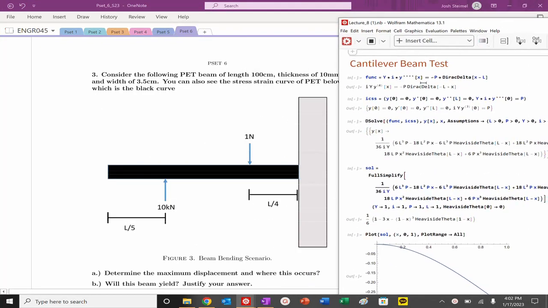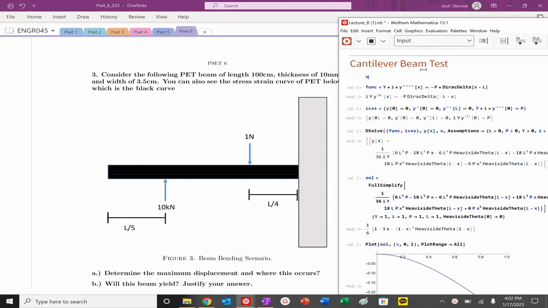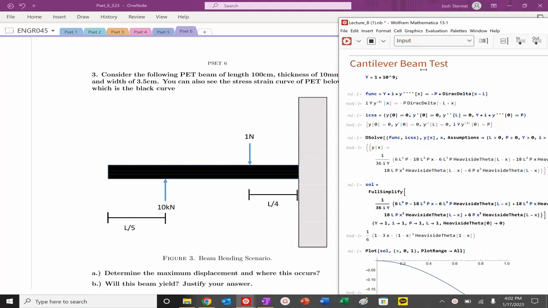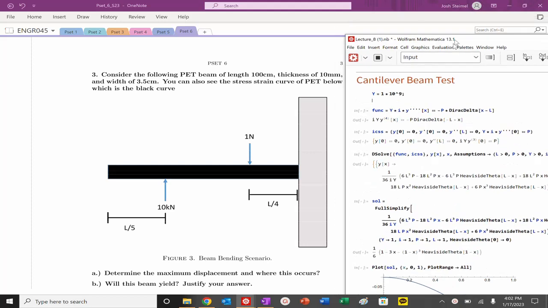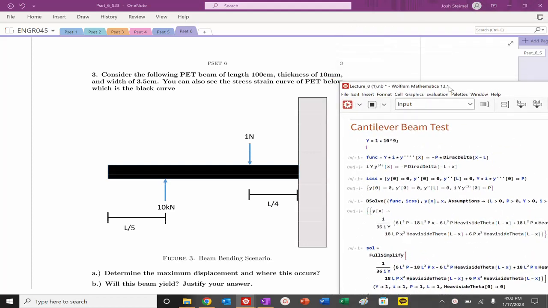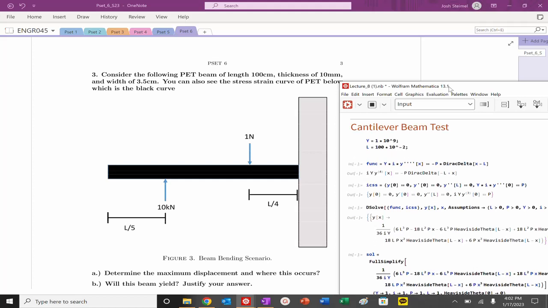So PET is a polymer, so my Young's modulus, I'm going to say, is 1 times 10 to the 9th. We have our typical beam, and then look at our dimensions. So let's call L equal to 100 times 10 to the minus 2. I am going to say that the thickness, so my height, is equal to 10 times 10 to the minus 3.